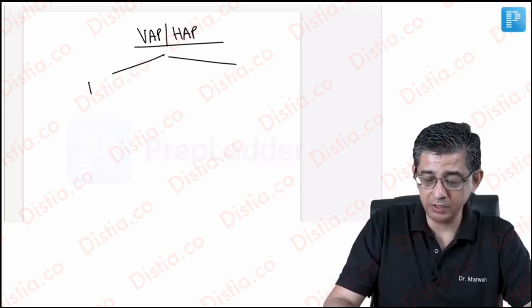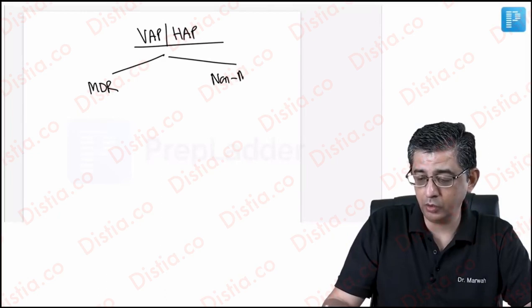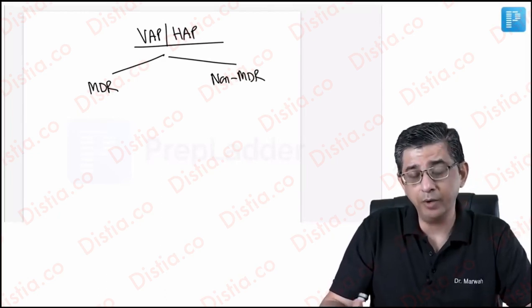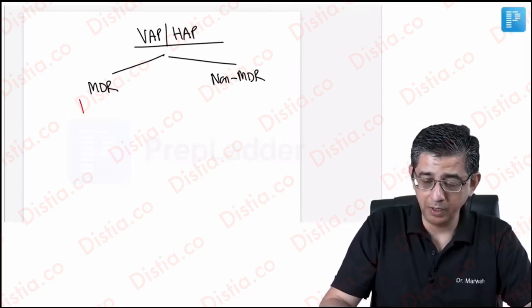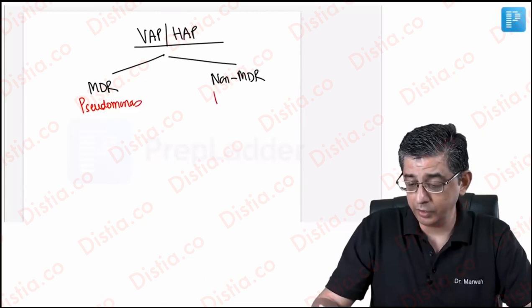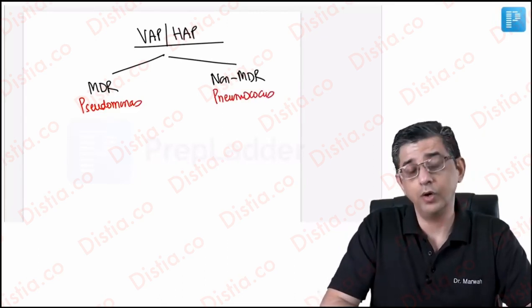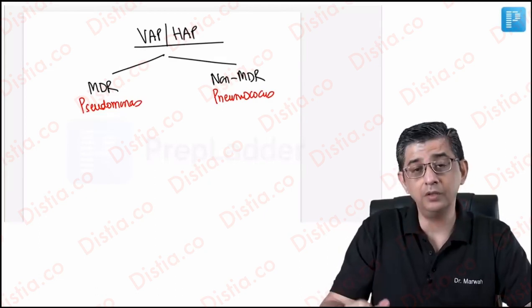What I mean by individualize and strategize the treatment is that it could be MDR or non-MDR. When I say MDR, I hope you remember that it is Pseudomonas, but if he says non-MDR, then it is not Pseudomonas, then it is pneumococcus. Now, what is the treatment given in these patients?